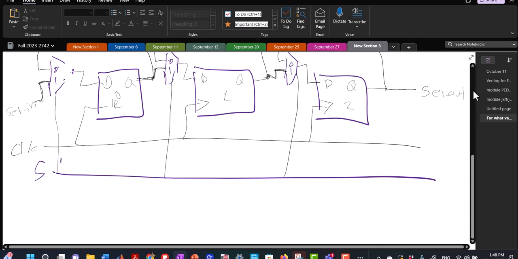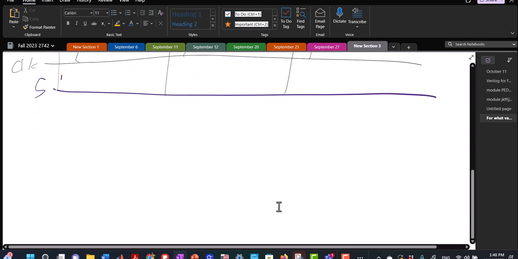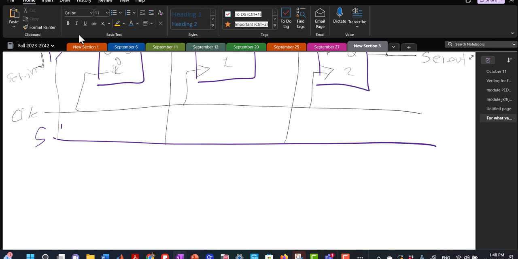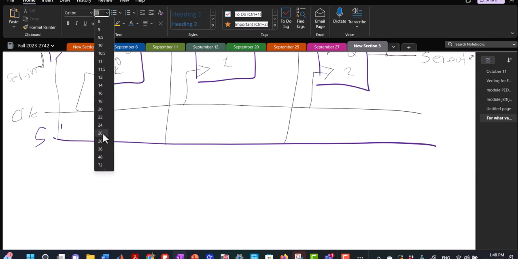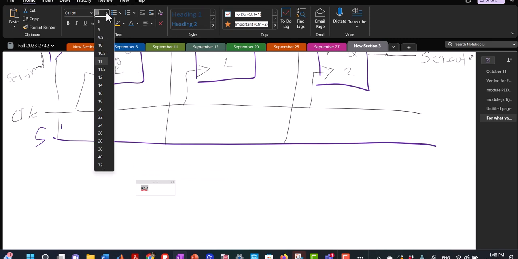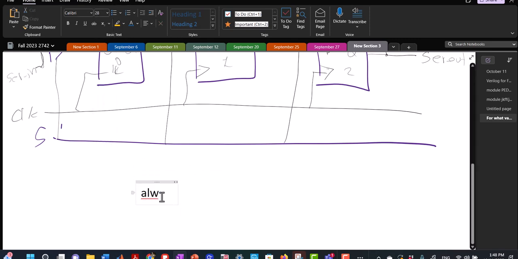And then real quick, how I would do this in Verilog. So when do I want this?